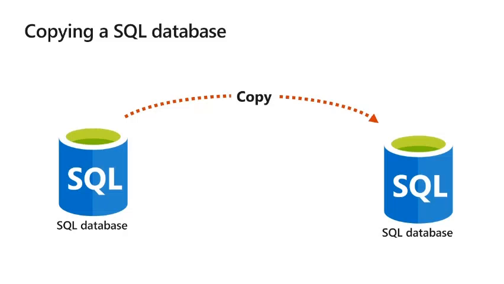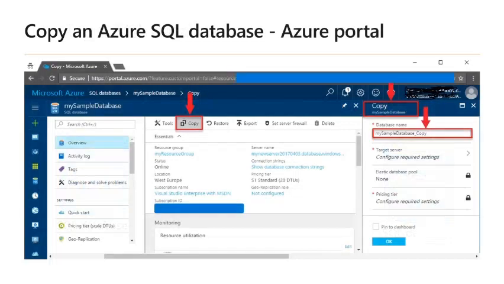Besides creating an SQL database, you can also copy an existing SQL database. The copy feature creates a transactionally consistent copy of the SQL database and deploys the copy as a new instance. This is how it looks in the Azure portal.